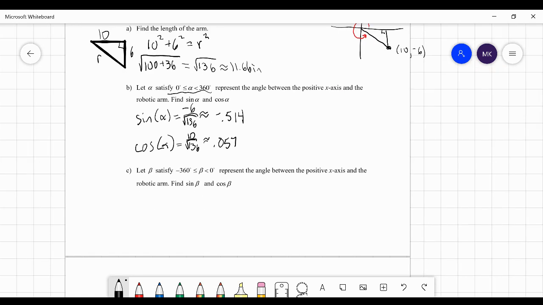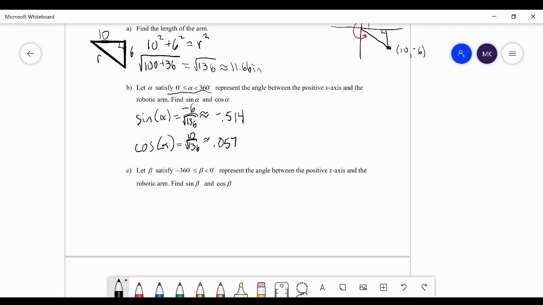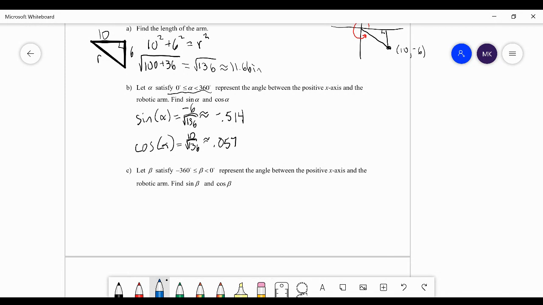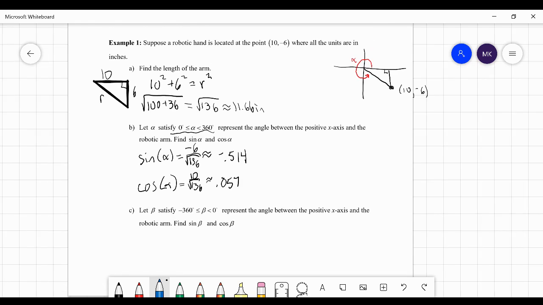Cool. Now we have here, let beta satisfy that -360 degrees is less than or equal to beta is less than 0 degrees. So what is this really saying to me? This is really just saying that we have an angle that is negative, but within one rotation. So if we come back to our drawing, that would mean that this angle here is our beta.